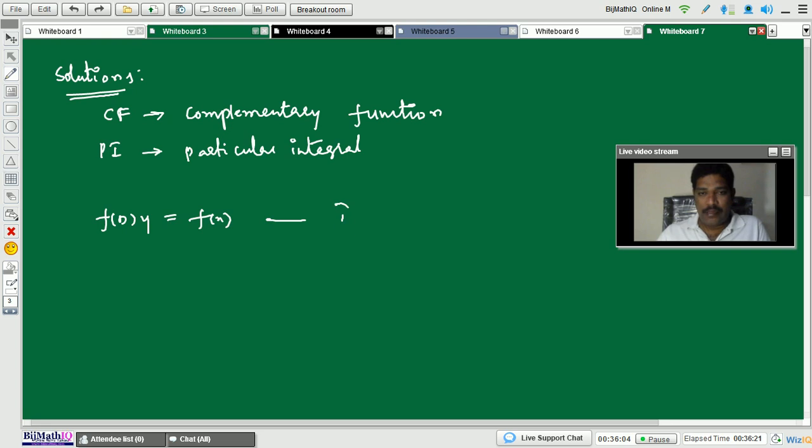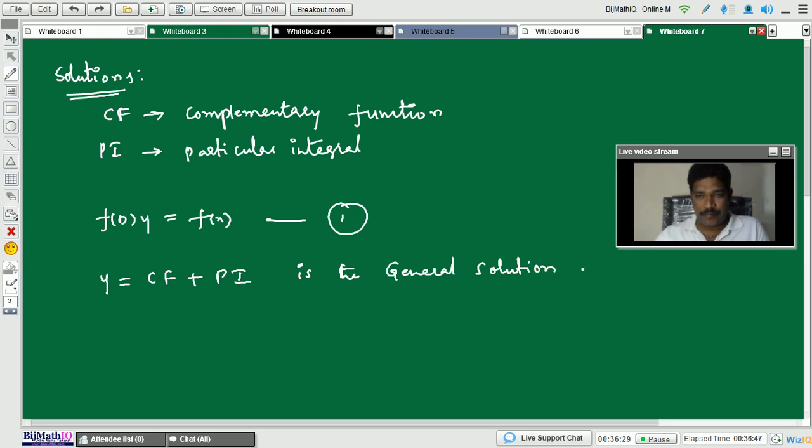So the general solution of this type of nth order linear differential equations is given by y equals complementary function plus particular integral. Okay, this is the general solution of y.